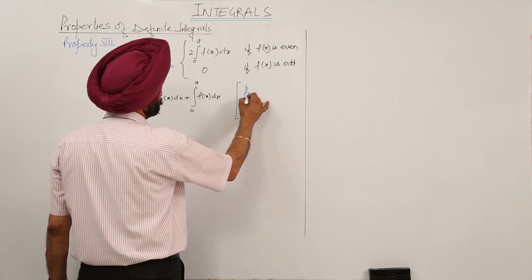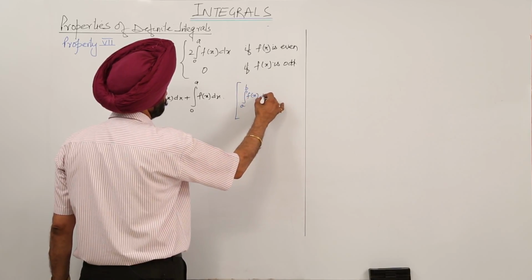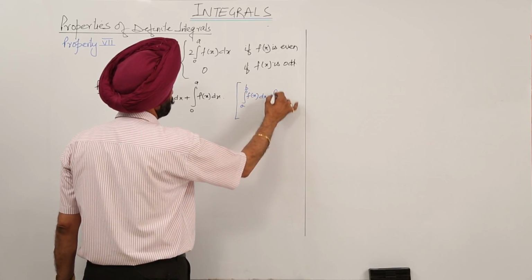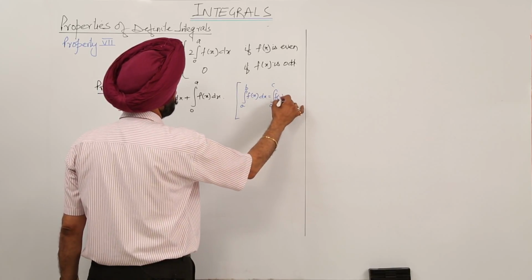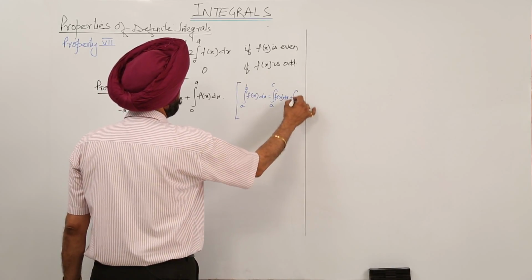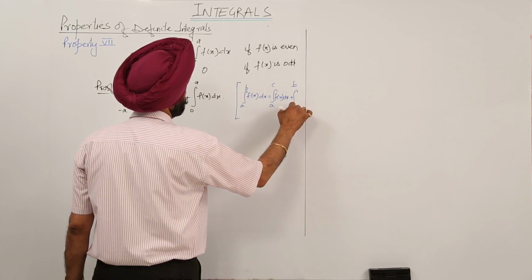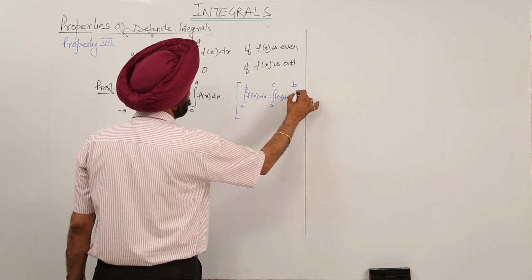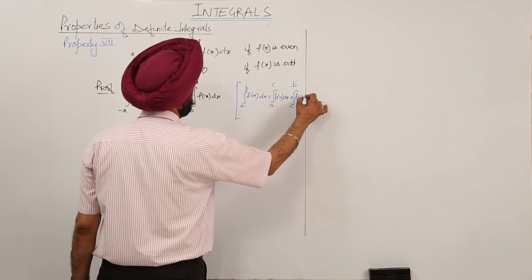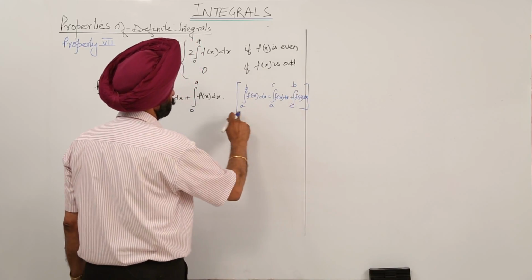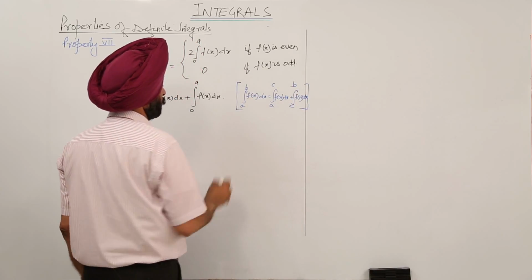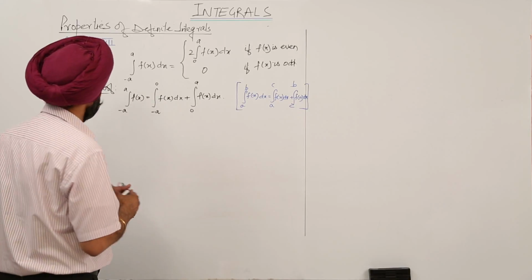The integral from a to b of f(x) dx is equal to the integral from a to c of f(x) dx plus the integral from c to b of f(x) dx. Property 3.